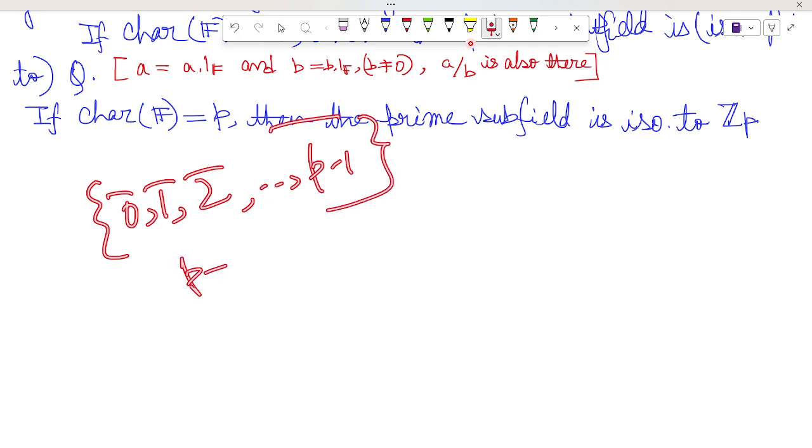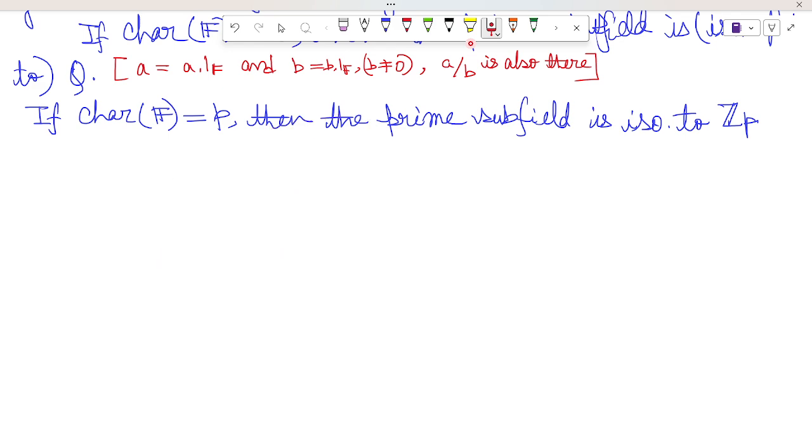So how to get p minus 1 bar? By adding 1_F, p minus 1 times. Above this we cannot get. Z_p will be inside there for sure, and this is the smallest subfield. So the prime subfield is the smallest subfield.